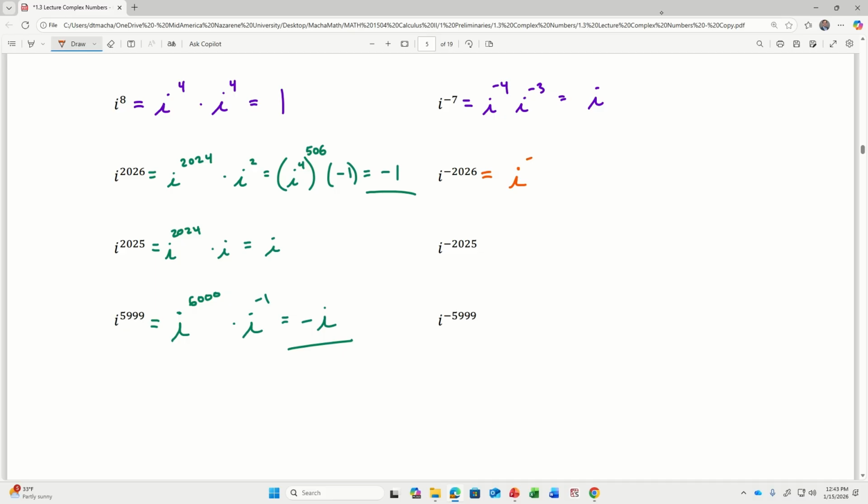But I'm still going to reach for the nearest multiple of 4. The nearest multiple of 4 is either 2024 or 2028. Multiply times i to the 2 power, which is negative 1. Good, good. What's i to the negative 2025?